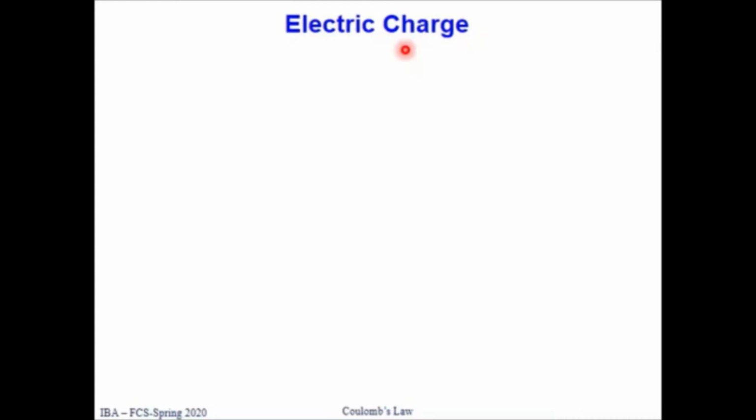And we are lucky enough today to understand this transfer on the basis of electrons, which can be removed from the atom of one object and attached to the atom of the other object.